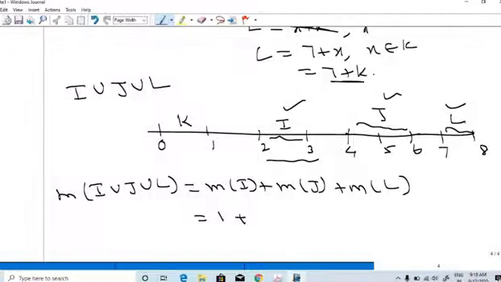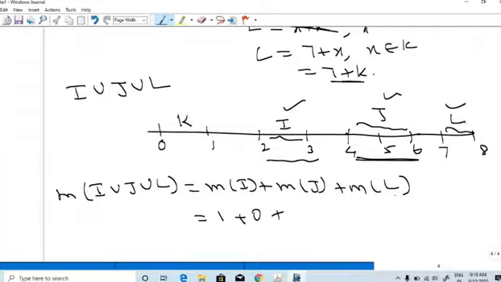Plus J. What is J? Rational numbers in [4, 6]. The set of rational numbers is a countable set, right? We know that the measure of a countable set is always 0. Therefore, the measure of J is 0, because J is a countable set. Now, what is the measure of L?